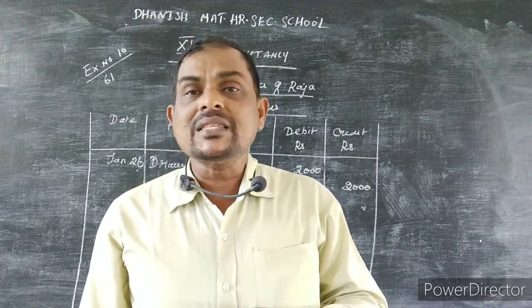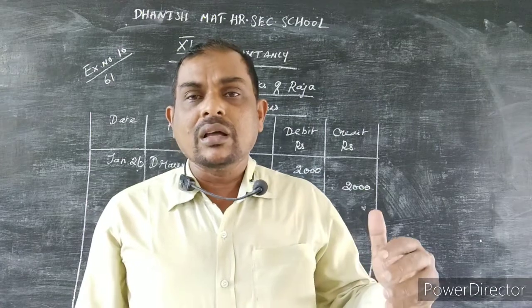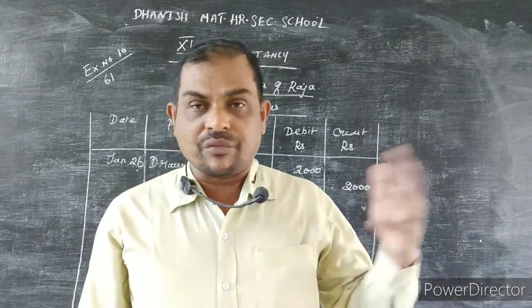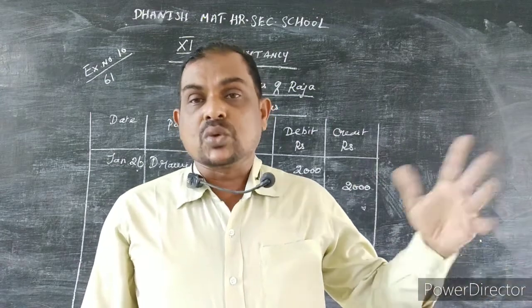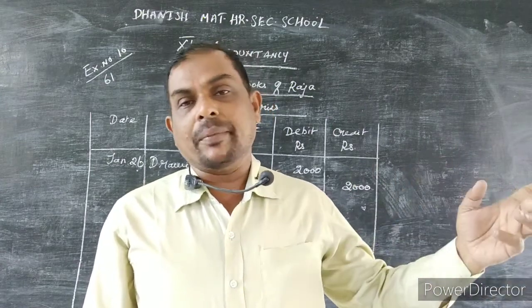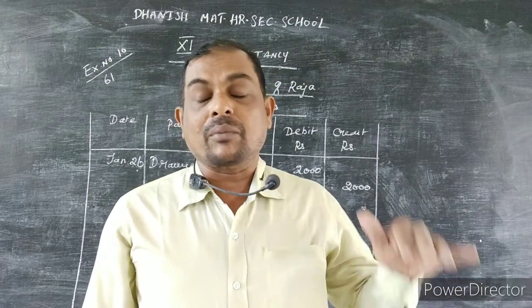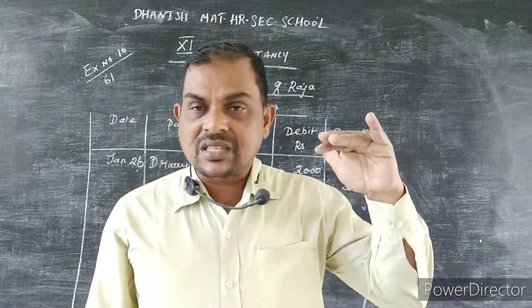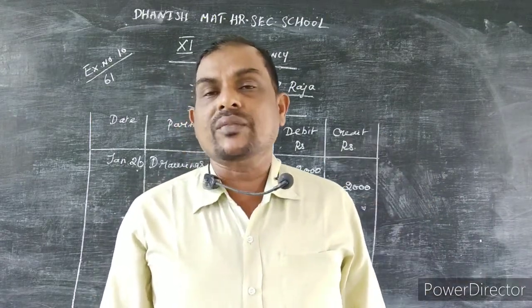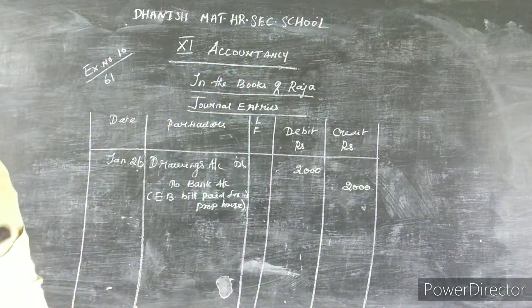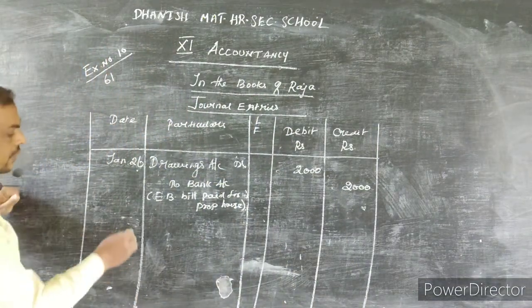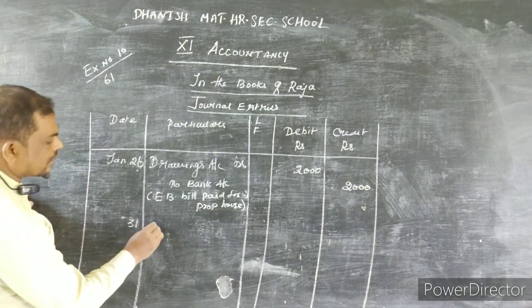If you are taking some amount from your business for personal use or for charity, then charity or donation will be debited, and purchase will be credited because purchase is decreasing. So what is the journal entry? Date is 31st.